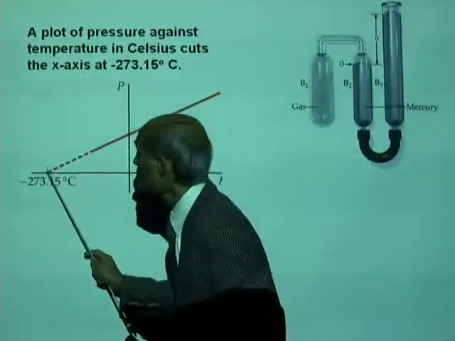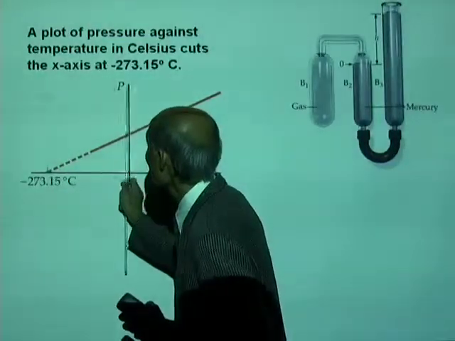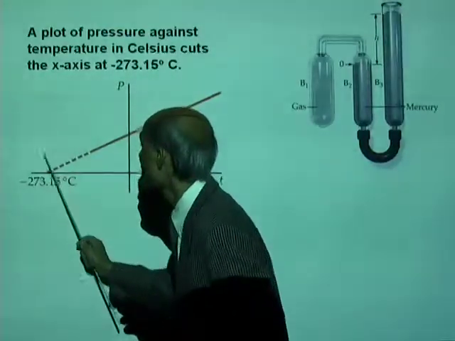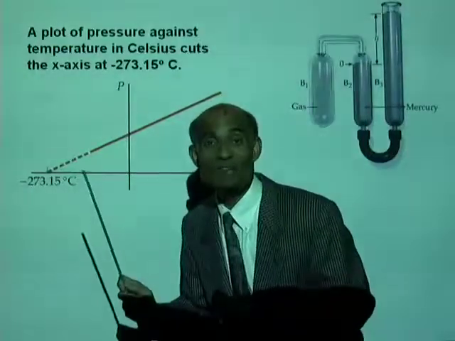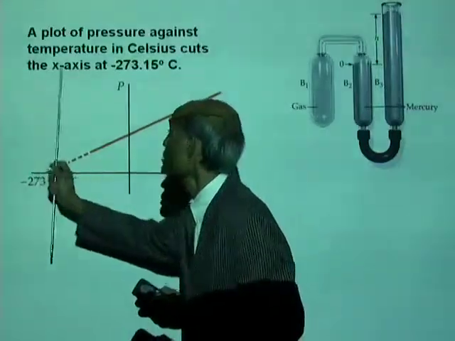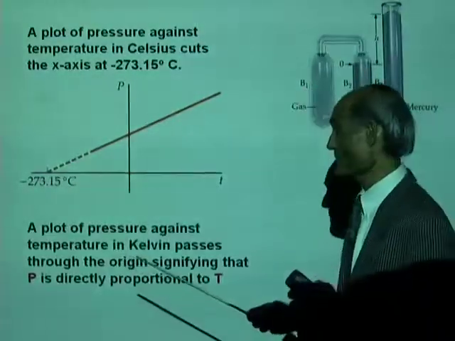Okay, now since this is 0 Kelvin, if you shift the P axis over to 0 Kelvin, you will have a graph starting at the origin. And that tells you that pressure is directly proportional to the Kelvin temperature.